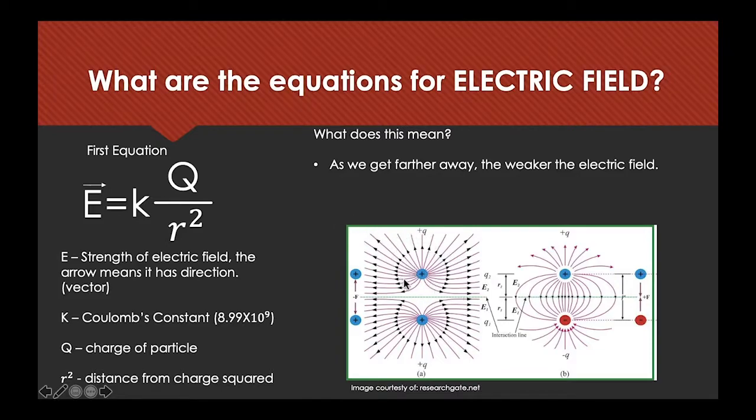If we're trying to find the electric field for this positively charged object, it would be the charge of this positively charged object and then the radius, that distance right there if we're finding the electric field at this point. So this helps us understand that as we get farther away from an electric field, there will be less of a force, less strong electric field.